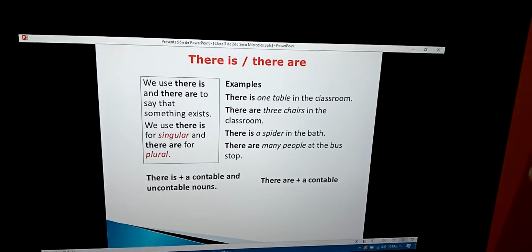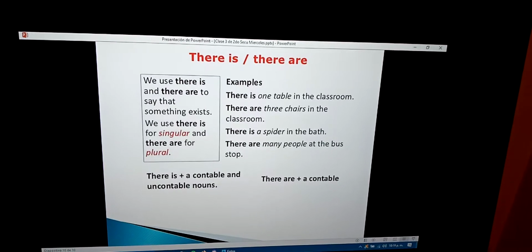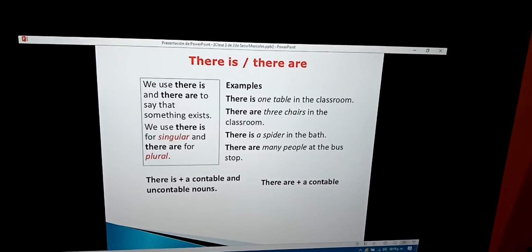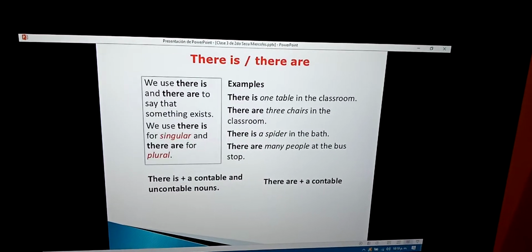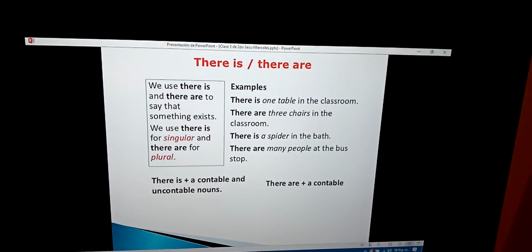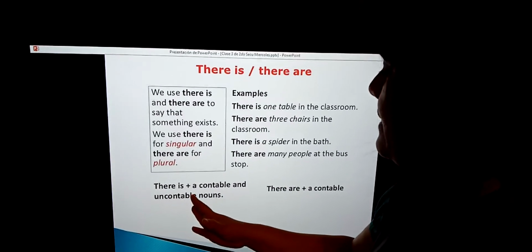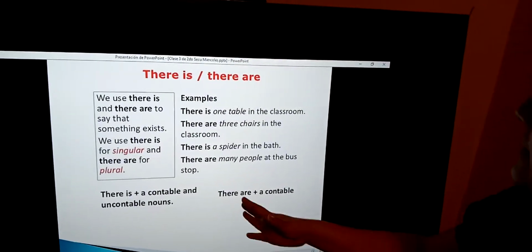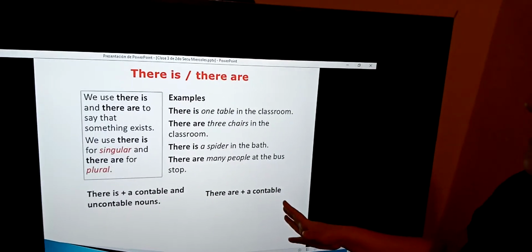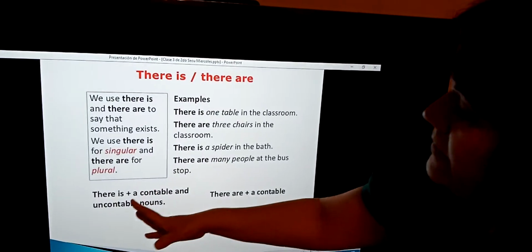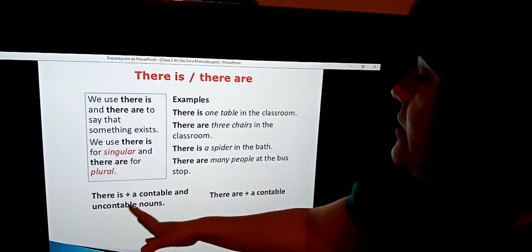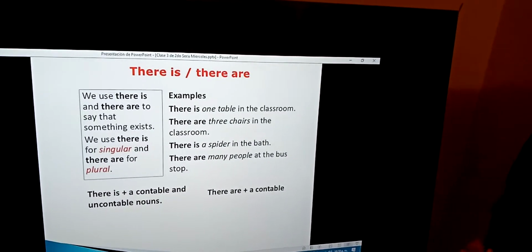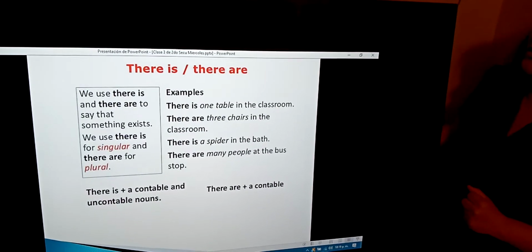There is a spider in the bath. There are many people at the bus stop. Okay? "There is" can be used with countable and uncountable nouns. "There are" is used with countable nouns.